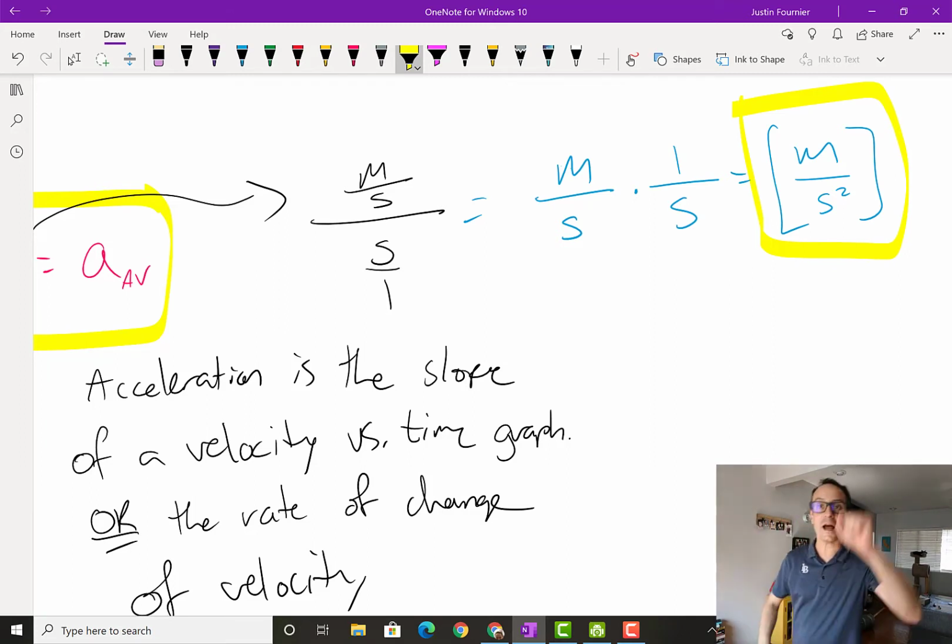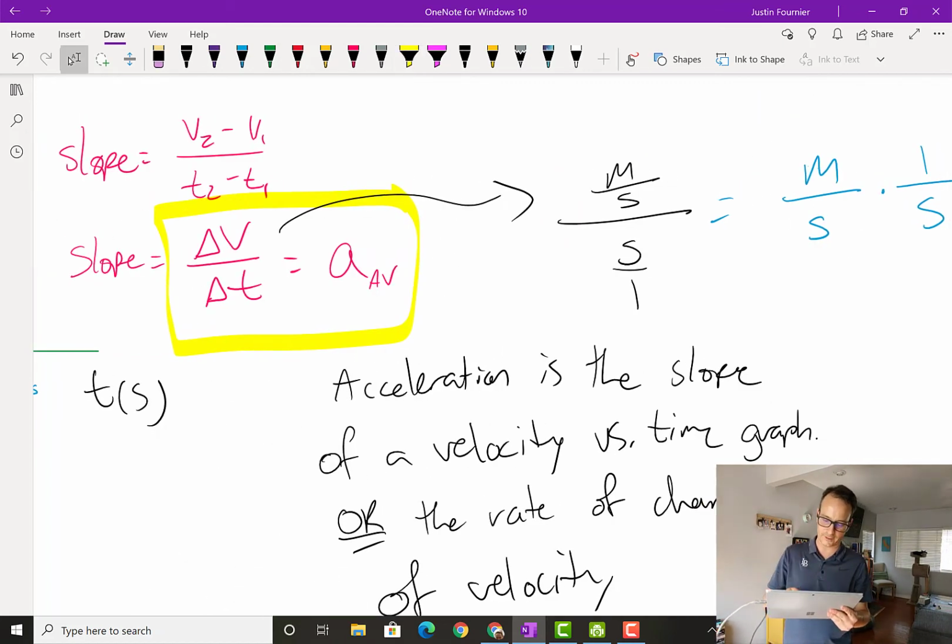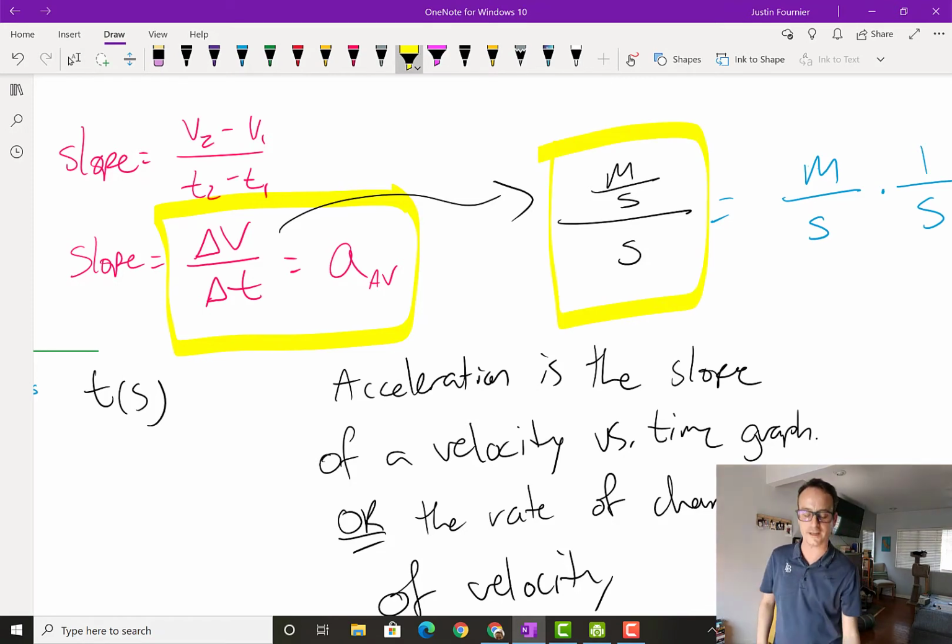But I will say, let's go back to velocity again. This idea of meters per second is much more intuitive. So what this means is that the velocity is changing. Whatever your acceleration is, let's say your acceleration is 2 meters per second.